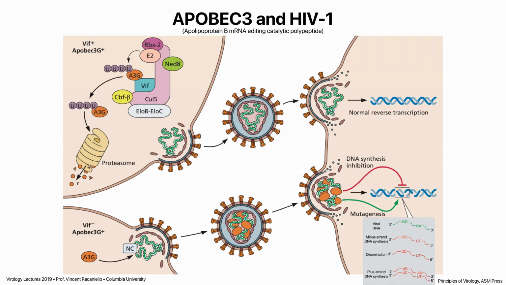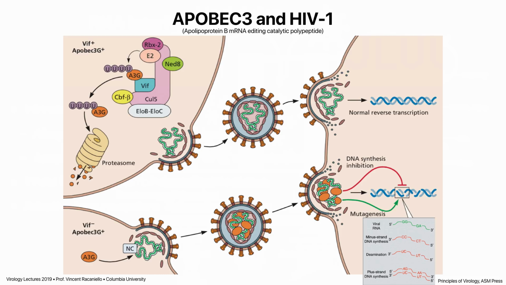Here's an example of intrinsic immunity that exists in mammals. And this is a protein called APOBEC3, and the example I'm going to show you is how it works for HIV-1. APOBEC3 is apolipoprotein B mRNA editing catalytic polypeptide. You don't need to know that, but you should be curious about what abbreviations mean, right?